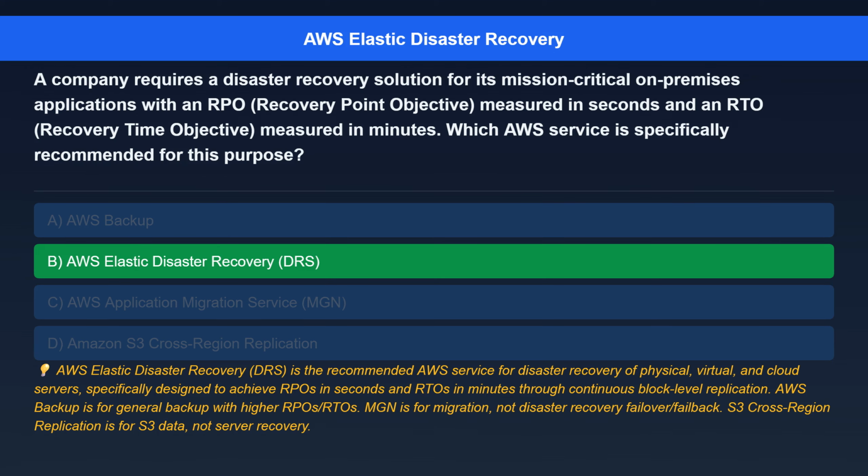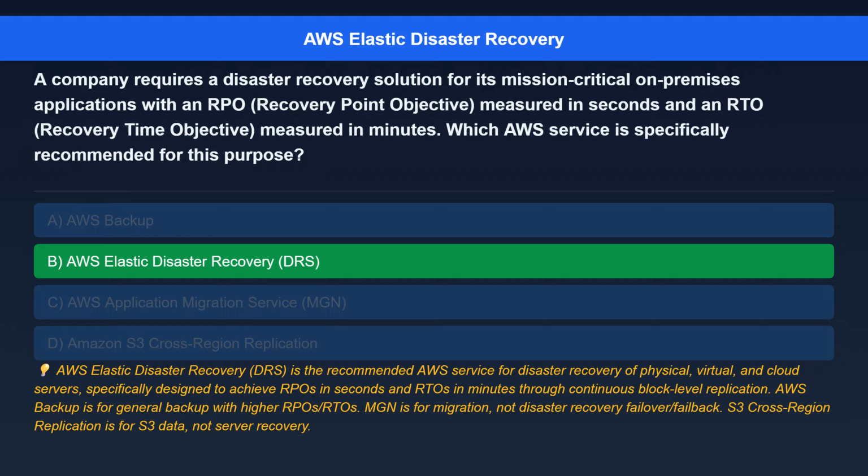The correct answer is AWS Elastic Disaster Recovery, DRS. Here's the explanation. AWS Elastic Disaster Recovery is the recommended AWS service for disaster recovery of physical, virtual, and cloud servers, specifically designed to achieve RPOs in seconds and RTOs in minutes through continuous block-level replication.